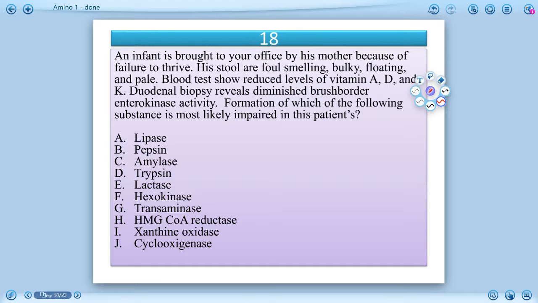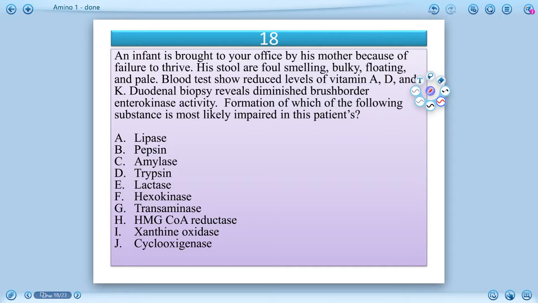An infant is brought to you because he's failing to grow. Why? So he cannot absorb what? Milk. But it's telling you that this person is unable to absorb vitamins A, D, and K. These are fat-soluble vitamins.